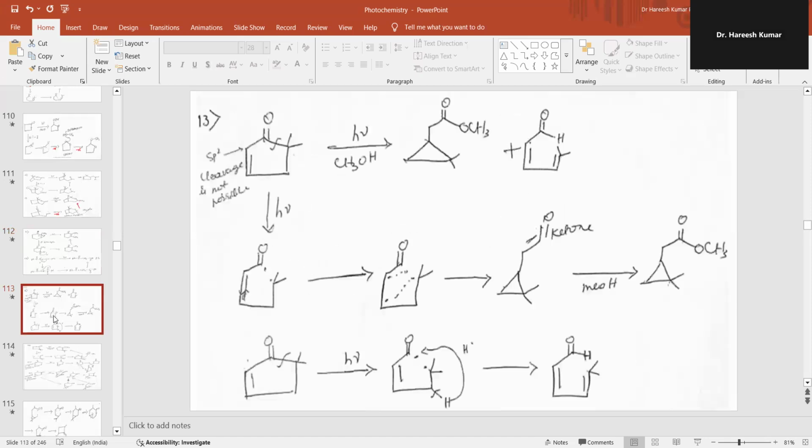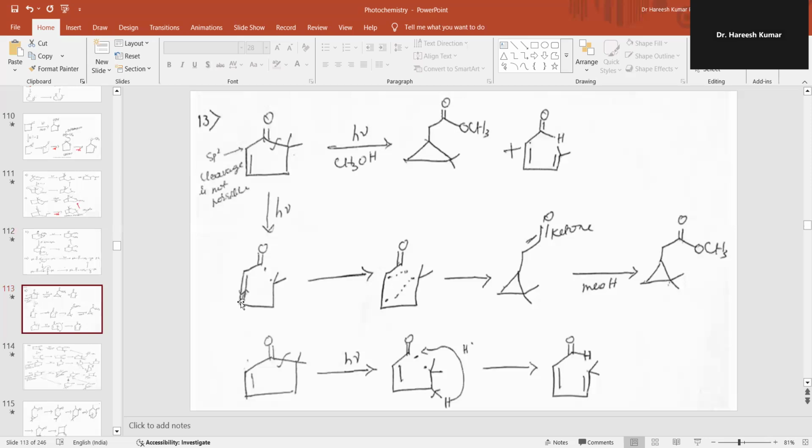Let's take one more example. So here, this is again an unsymmetrical ketone, but again, what is the difference? It's an alpha beta unsaturated carbonyl compound. If there is a cleavage here, then there will be a formation of an alkyl radical and an acyl radical. In such a case, since there is a pi bond, this pi bond undergoes homolytic cleavage.